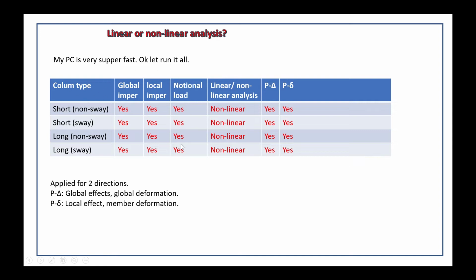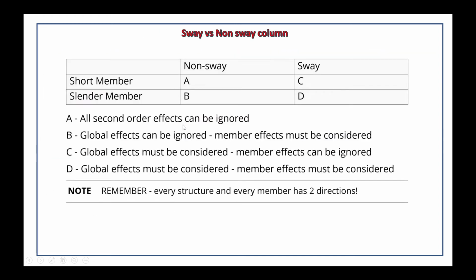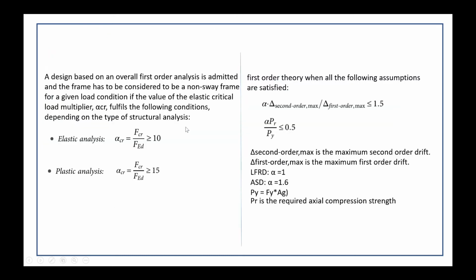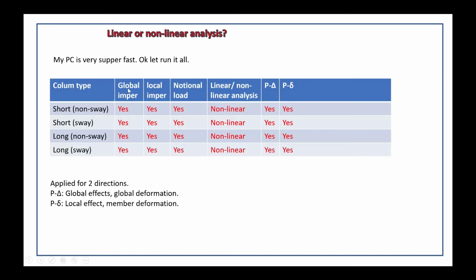So you can use the option, activate it all. If you activate it all, it is really hard to classify which one you run in linear analysis, which one in non-linear analysis, when to include big P-delta, and when to include small P-delta. So you can include it all for global imperfection, local imperfection, notional load, and run non-linear analysis, and include big P-delta and small P-delta.